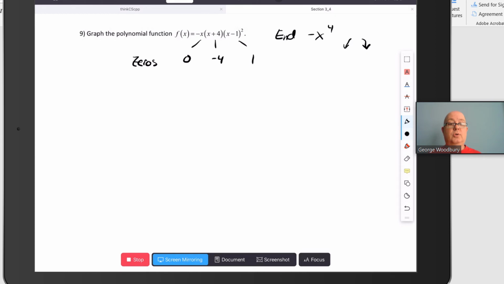The first two zeros that I wrote down have multiplicity 1, so these will both be passed through. At 1, there is multiplicity 2, so that means it's going to turn around.